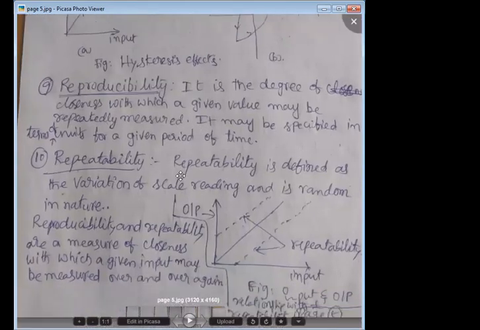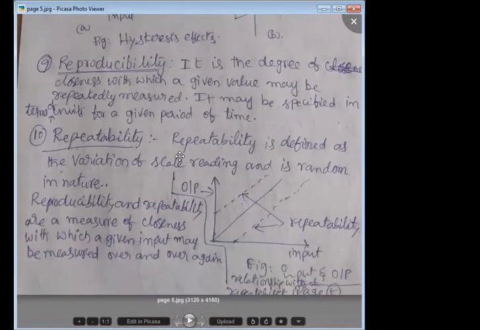And coming to reproducibility. Reproducibility is the degree of closeness with which a given value may be repeatedly measured.